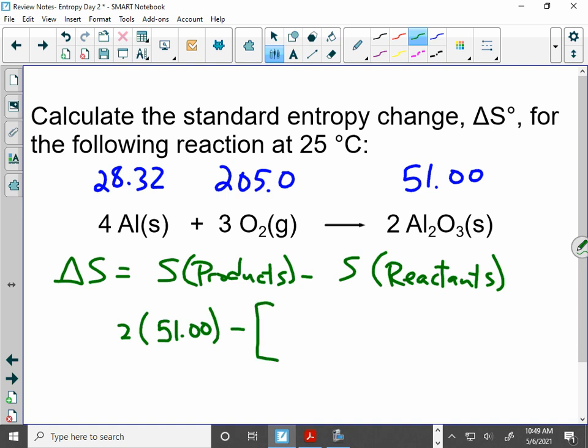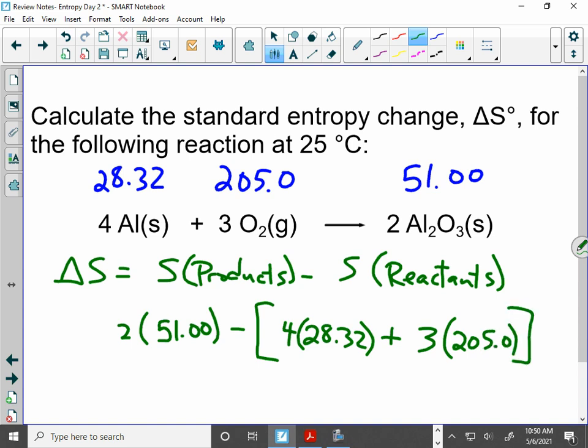My reactants, I have four, so I'm going to take 4 times the aluminum, 28.32, and I'm going to add to that 3 of the oxygen, which is 205.0. Close up my brackets there.